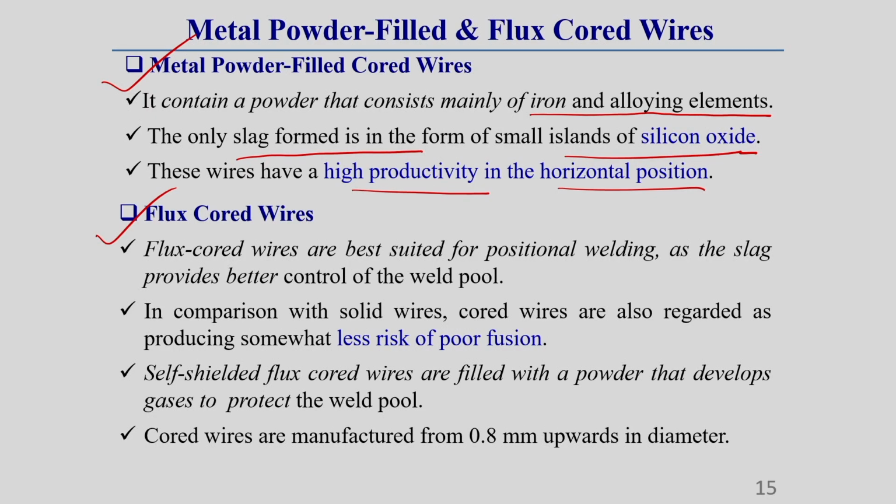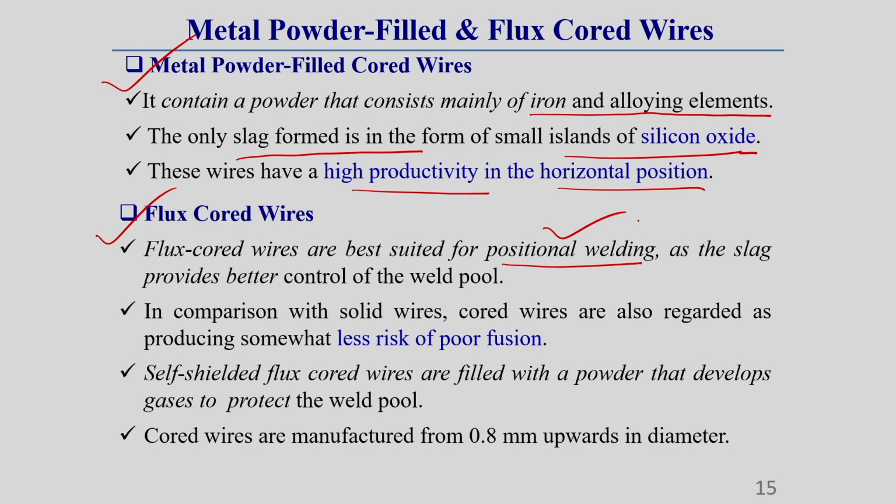Second one is called flux core wire. What I have told you, this flux core wire is best suited for positional types of welding. Why positional welding? Because one thing you should keep in mind, whatever flux core we are using, this flux core contains some ingredients which generally make a fluid type of slag. This fluid slag protects the molten droplet from falling down.